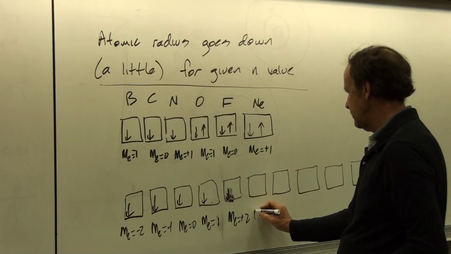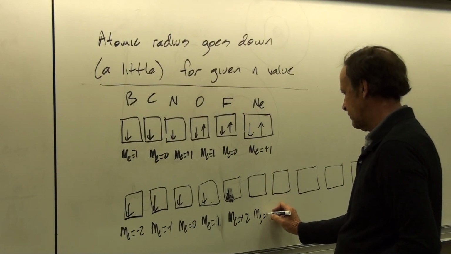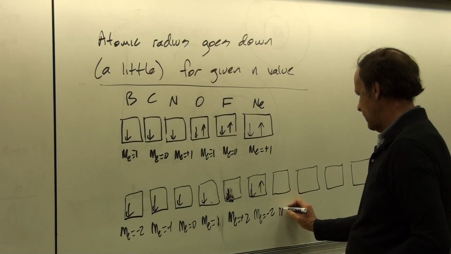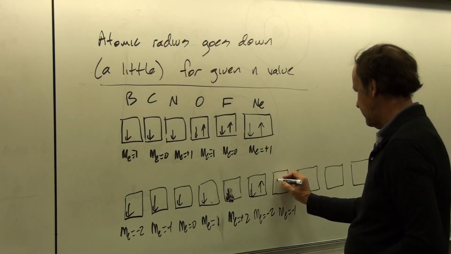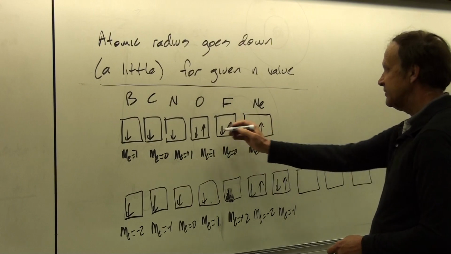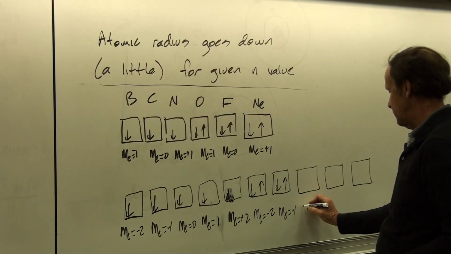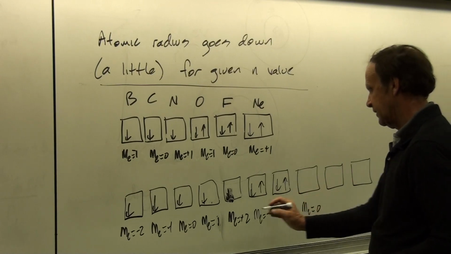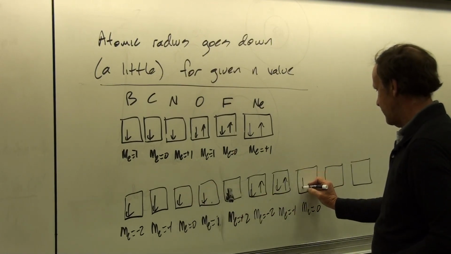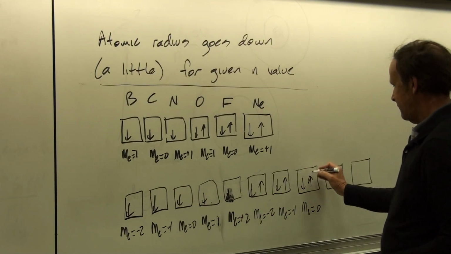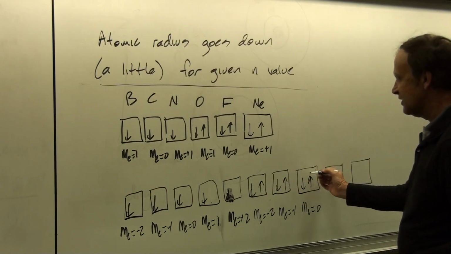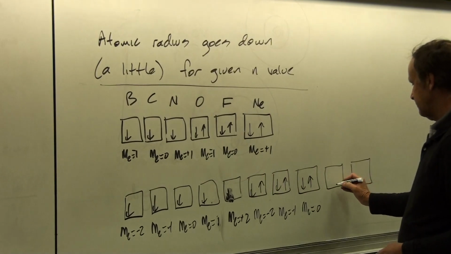Okay, so now we repeat it again. M sub l equals minus 2. Now this will be down, this will be up. M sub l equals minus 1, down, up. So that's the same thing that I did here, but with one more value for m sub l. M sub l equals 0, so that would be this one. But now we have an electron that comes in with the same orbital momentum state, but with a different spin state.